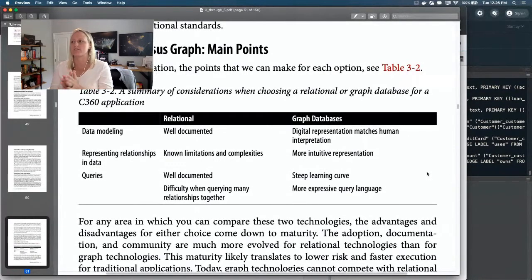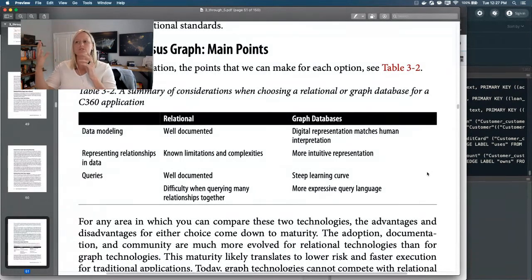On the other hand, the reason that practitioners like myself and our colleagues at DataStax and our peers around the world are using graph databases is because of the simplicity you get when you're thinking about your data in a model all the way down to how it's represented on disk. There are not as many steps of transformation as you would have when doing relational. So let's think about it from a data modeling perspective, then relationships, and then queries, talking about graph databases.